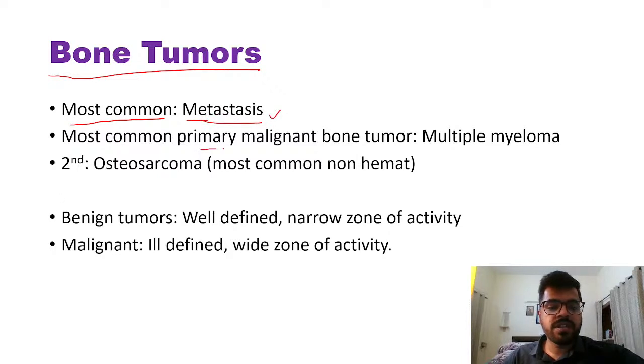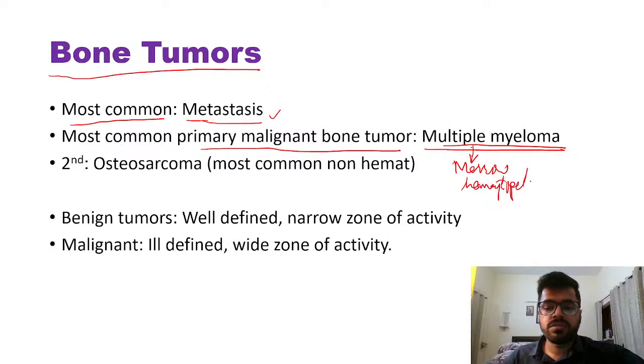Most common primary malignant bone tumor is multiple myeloma, but it involves the marrow, the hematopoietic tissue, so second most common primary malignant tumor of bone is osteosarcoma. It is also the most common non-hematopoietic tumor. It is osteosarcoma.